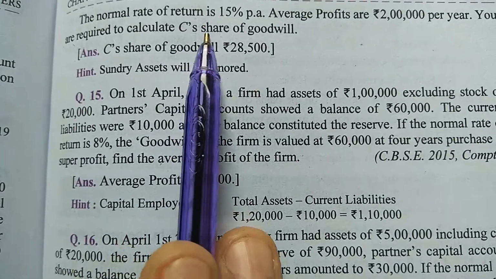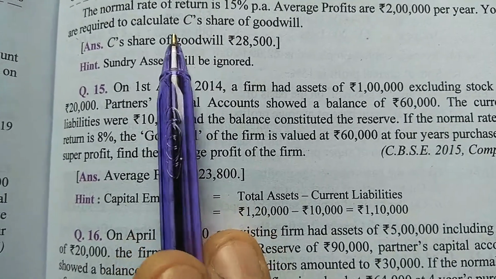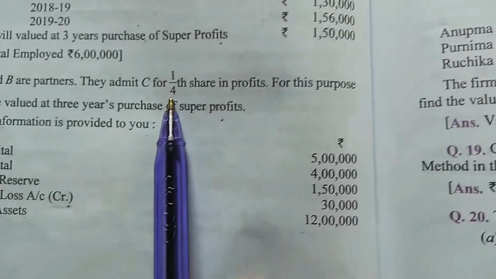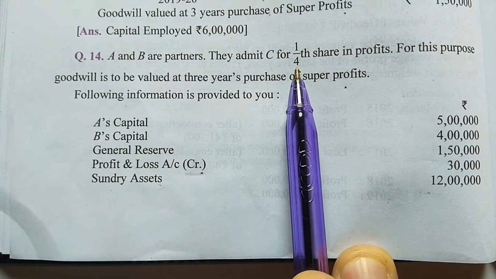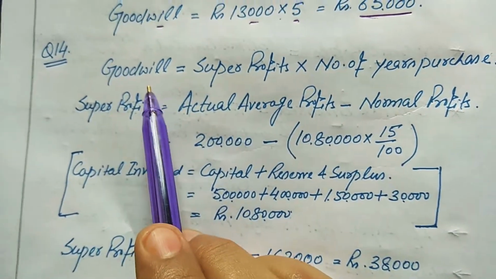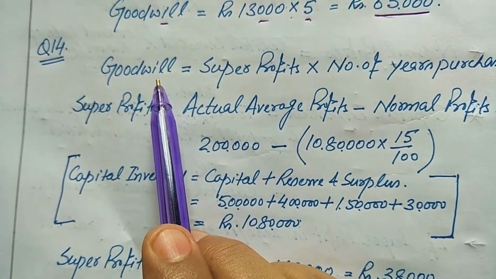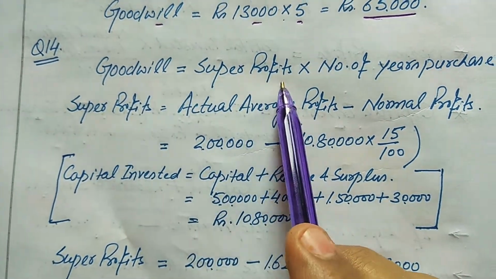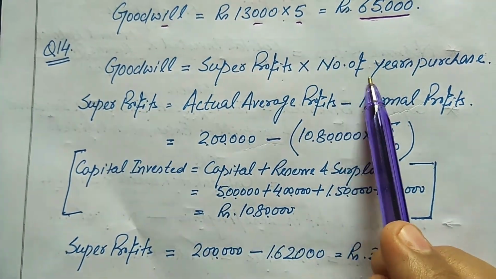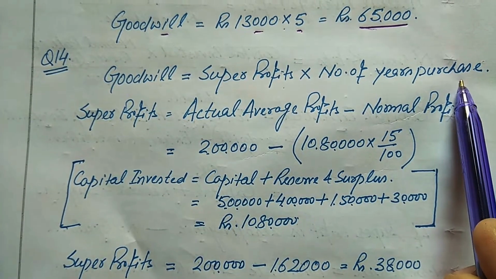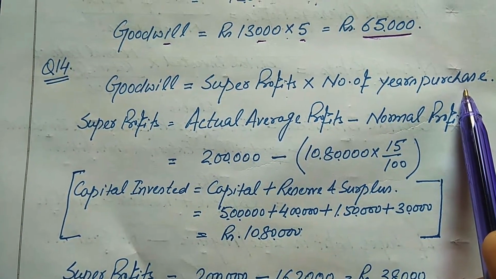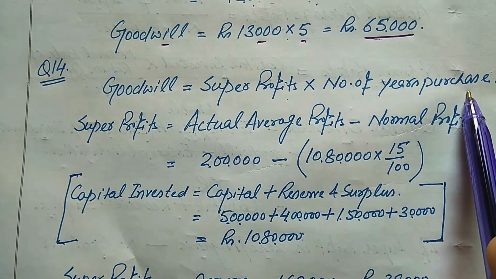Then we will find out C's share, and C's share will be equal to 1/4 of the total goodwill of the firm. Now the solution will be as follows. We know that by the super profit method, goodwill is equal to super profits multiplied by the number of years purchase that is given in the question, and in this question the number of years purchase is 3.